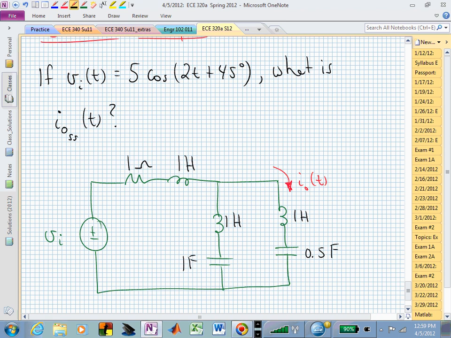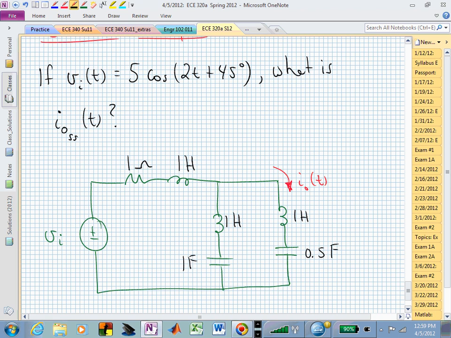This could be an exam 3 problem. I could say, okay, find what i sub O steady state is. Do you need to worry about initial conditions? No, because you're worried about the sinusoidal steady state behavior.